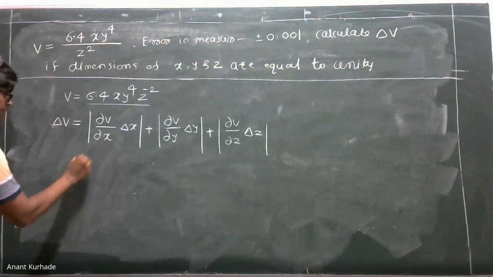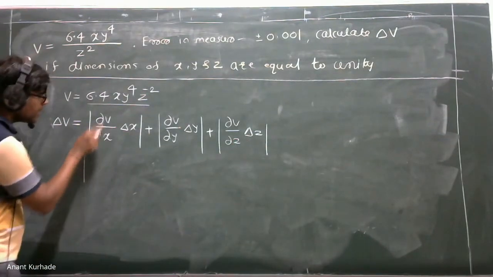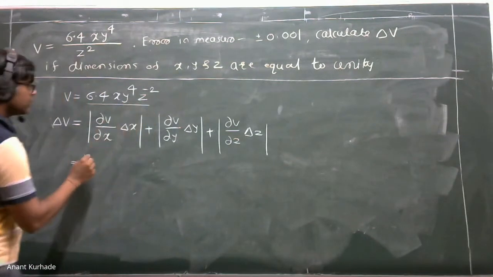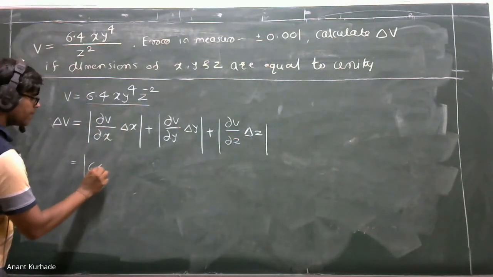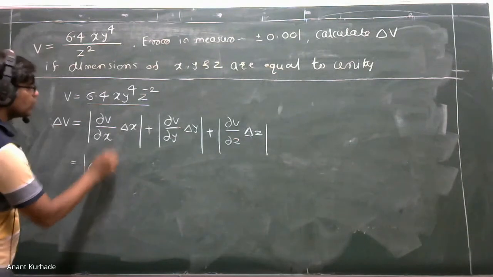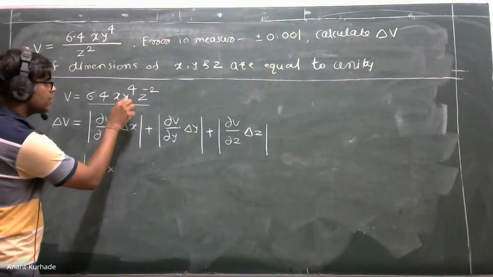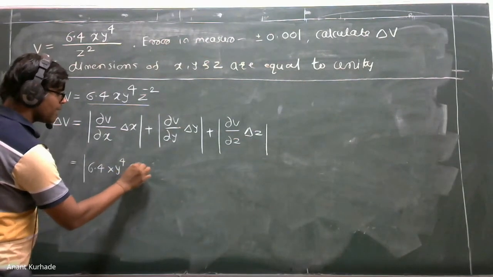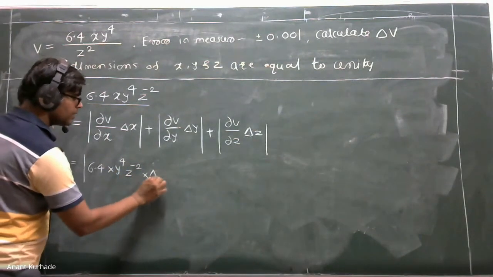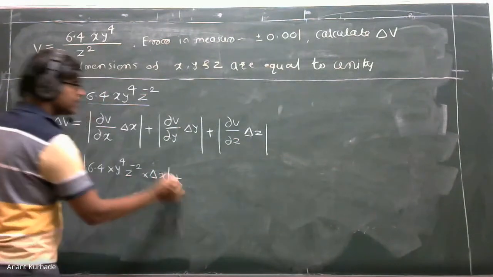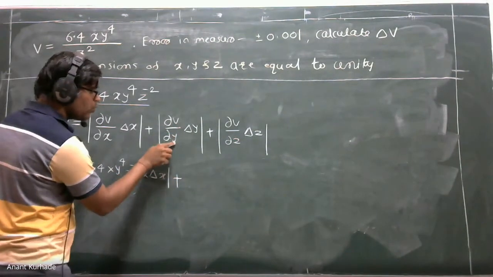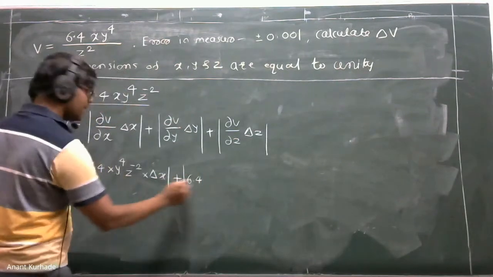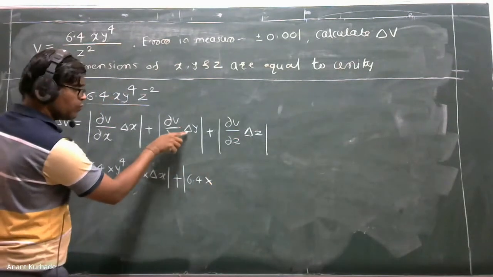Now write down here, take its derivative with respect to x, keeping y and z constant. So it is 6.4 into the derivative of x, which is 1, and keep y raised to 4 z raised to minus 2 as it is, into delta x, plus the derivative with respect to y.